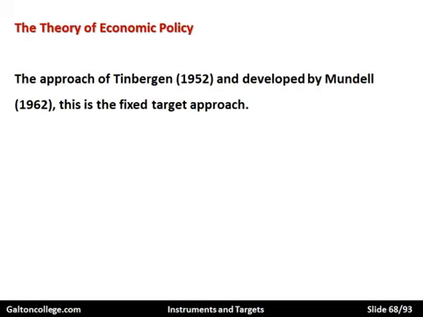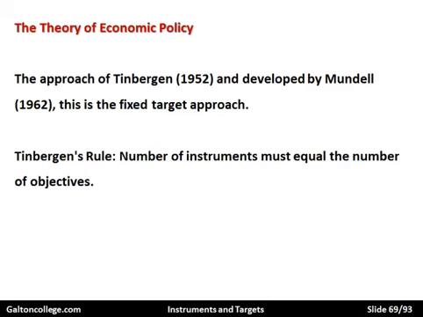past. Now, the approach of Tinbergen, for example, as developed by Robert Mundell in 1962, this is a fixed target approach. In other words, the government fixes on some targets it wants to achieve and tries to achieve those. Now, the Tinbergen rule was that the number of instruments must equal the number of objectives.